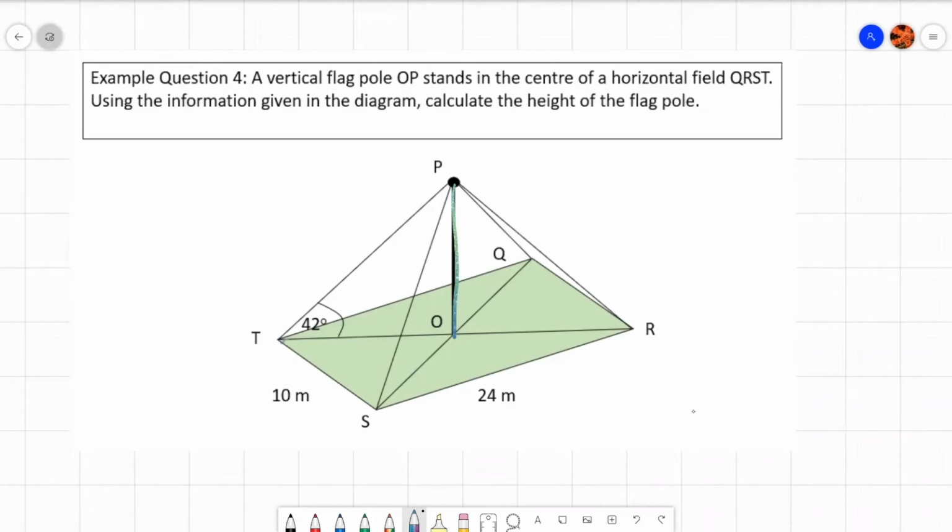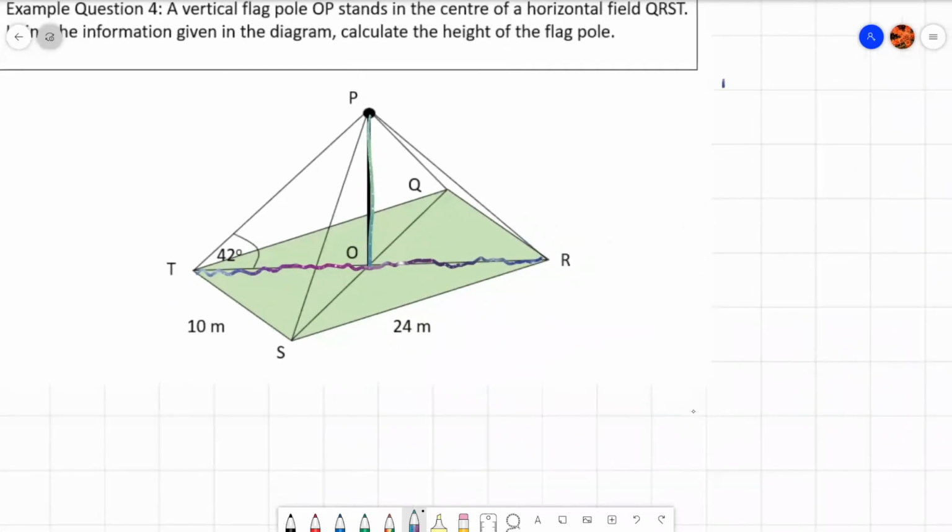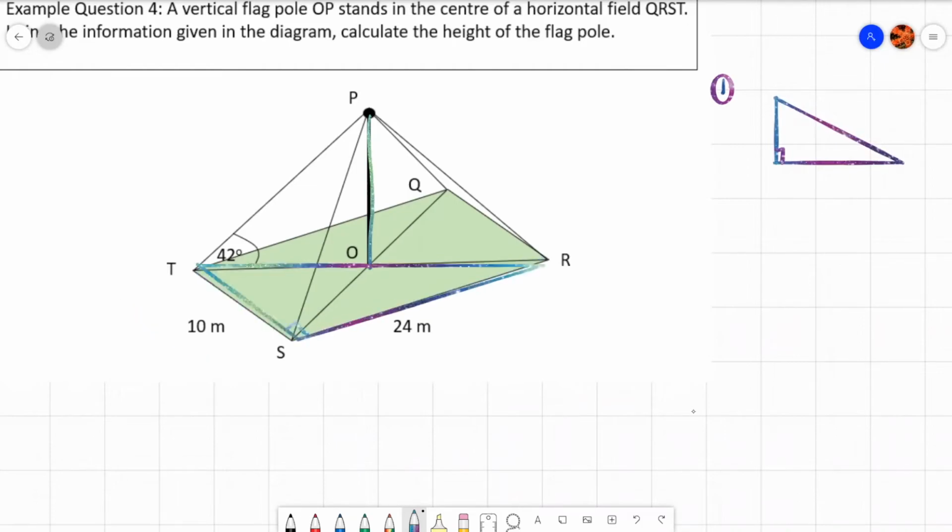To do that, I'm going to need to know the length of this side first. So number one, if I draw my right angle triangle out, that's this bit here that I'm going to draw out. This triangle is rectangle at the bottom, that's right angle. That there is 10 meters. On the bottom there is 24 meters. So I want to work out C, that's A, that's B.